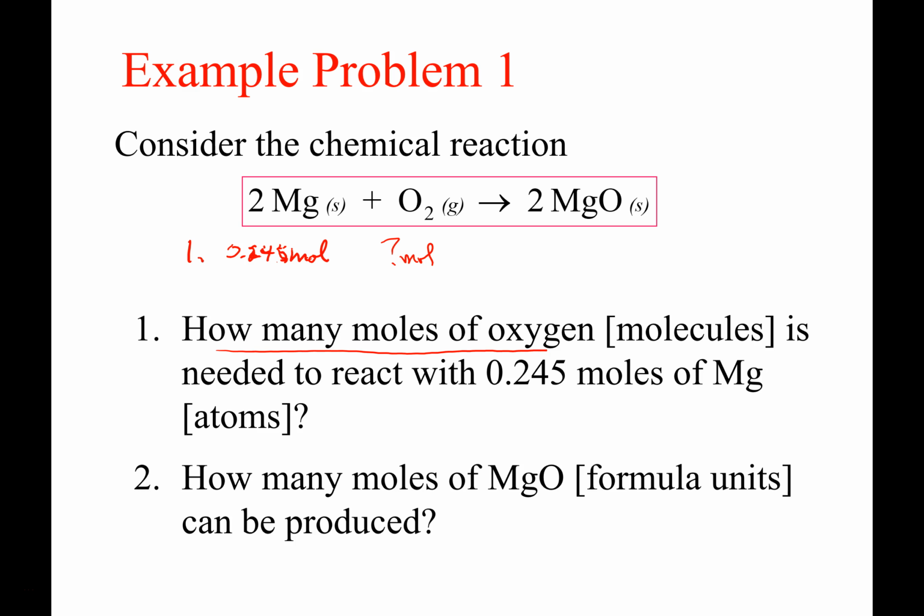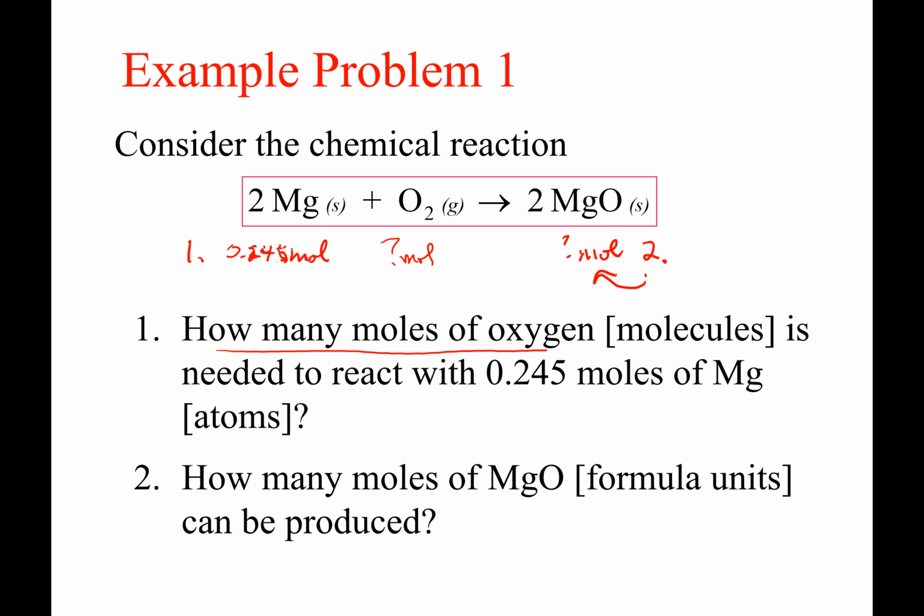Problem number 2 looks like this, and problem number 2 isn't written very well. You would think, it's been a number of years since I used this slide, I would kind of clean it up. But it says how many moles of magnesium oxide formula units can be formed. So magnesium oxide, I'll put question mark moles. And that is our second problem right there.